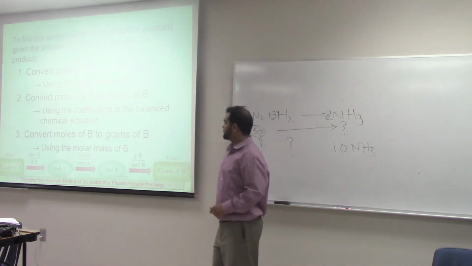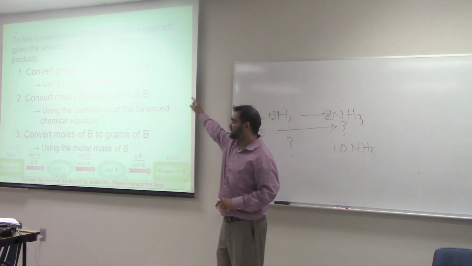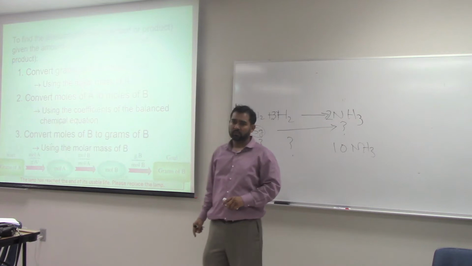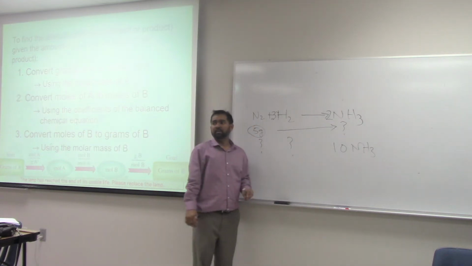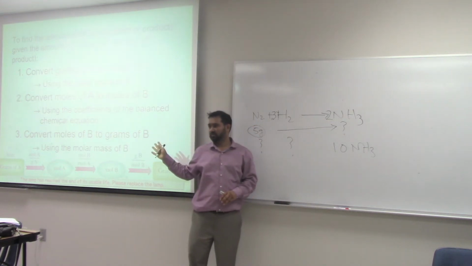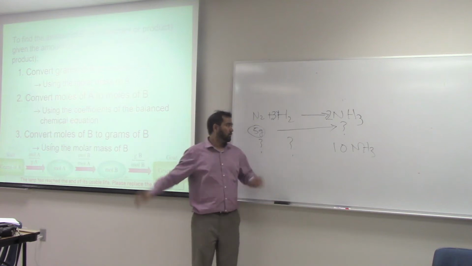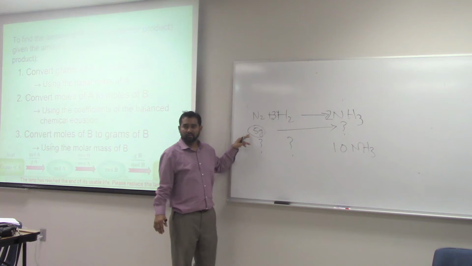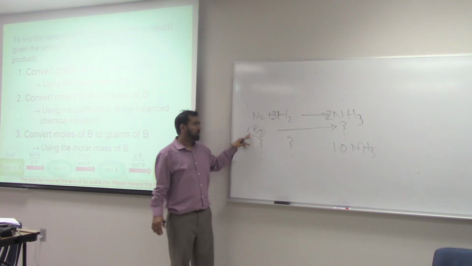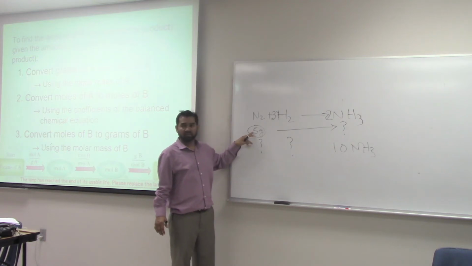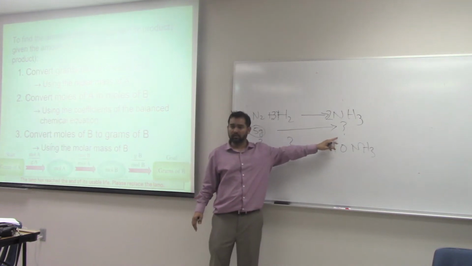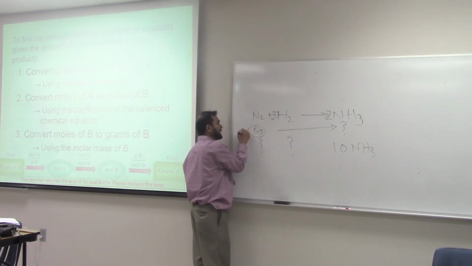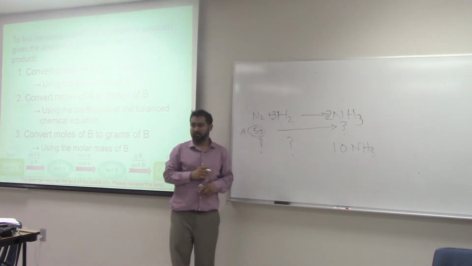So how do you do that? The 3 steps I have here for you. The A and B idea actually helps. A to B. For instance, problem number 1, I said 5 gram of nitrogen can produce how much ammonia? So this is here as A, which is given.